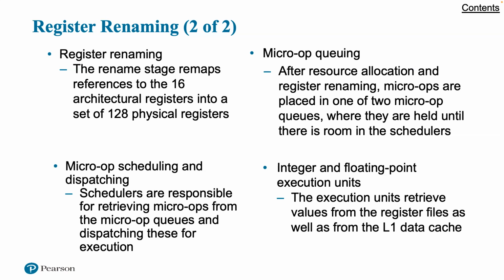The schedulers are responsible for retrieving micro-ops from the micro-op queues and dispatching these for execution. Each scheduler looks for micro-ops whose status indicates that the micro-op has all of its operands. If the execution unit needed by that micro-op is available, then the scheduler fetches the micro-op and dispatches it to the appropriate execution unit.